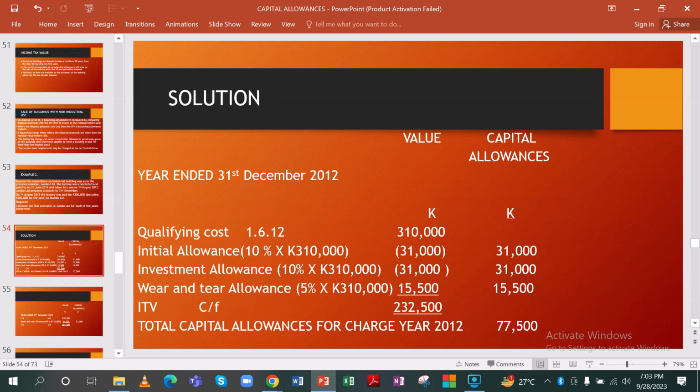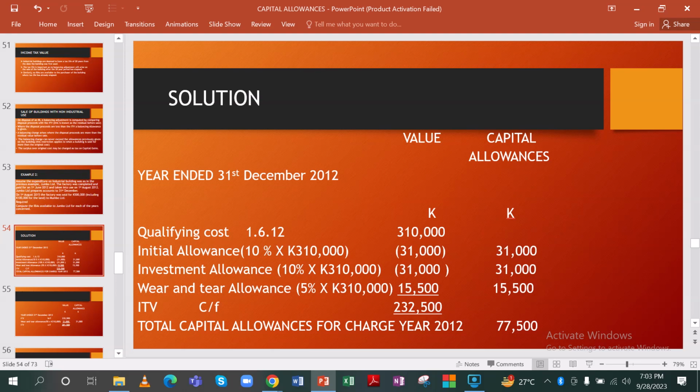So how do we go about it? We look at the qualifying costs on 1st June 2012: 310,000. That's when it was built. So he is entitled to initial allowance of 10% as before, which is 31,000. Investment allowance 10% as before, 31,000.